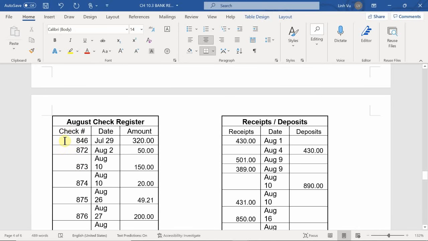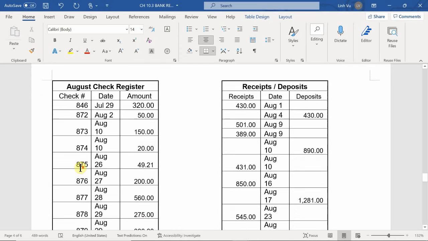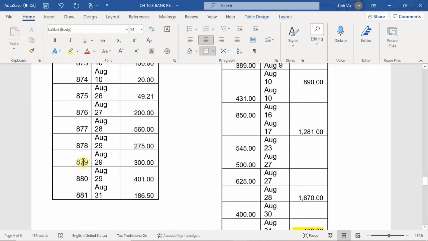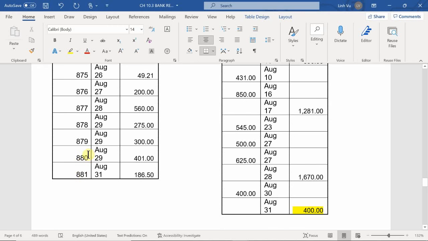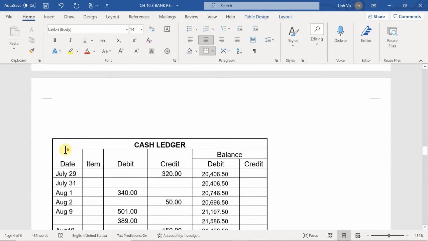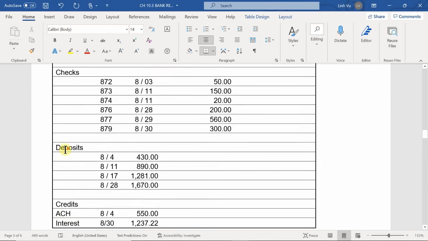I have check number 846, 872, 873, 74, 75, 76, 77, 78, 79, 80, and 81. The only thing I have here is check number 846 that hasn't cleared yet. So let's take a look at my bank statement.